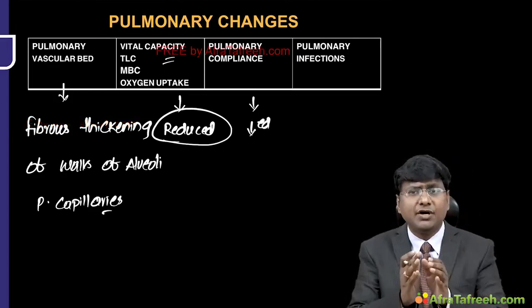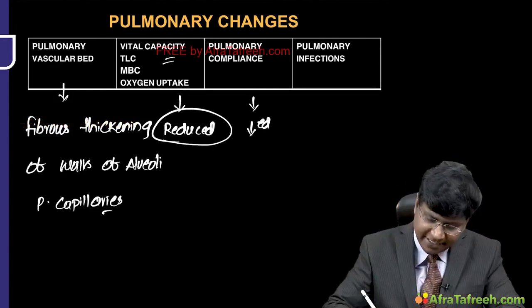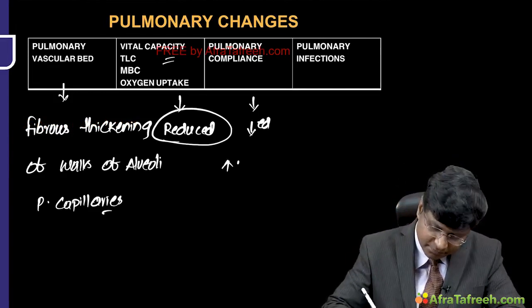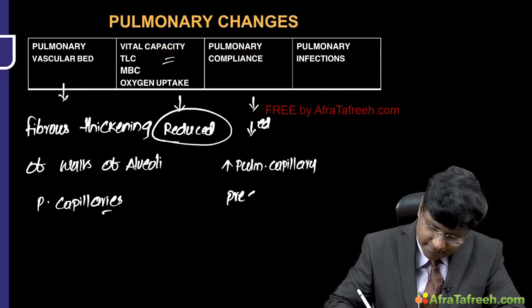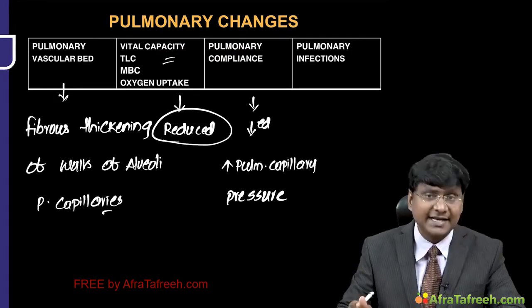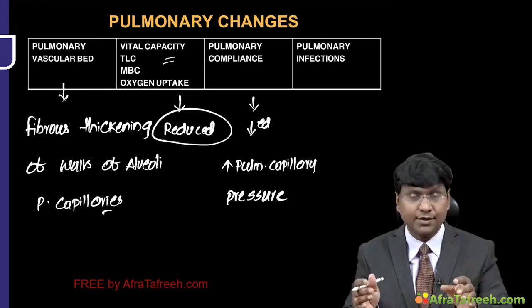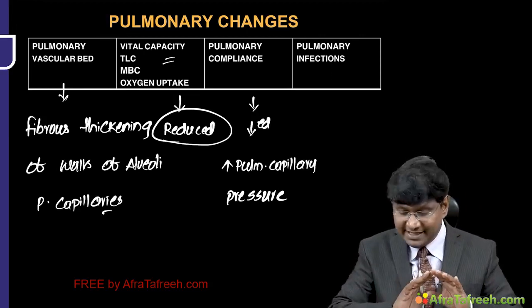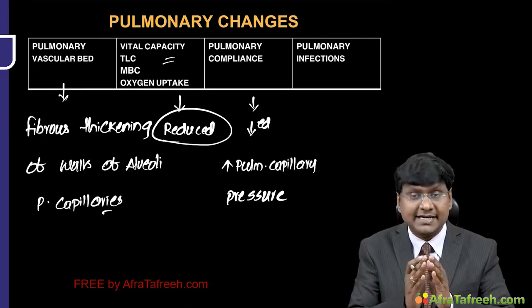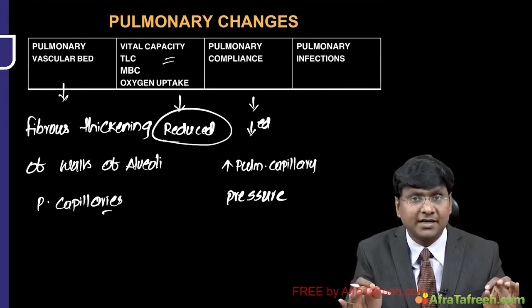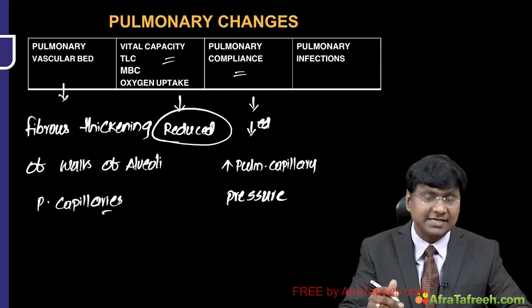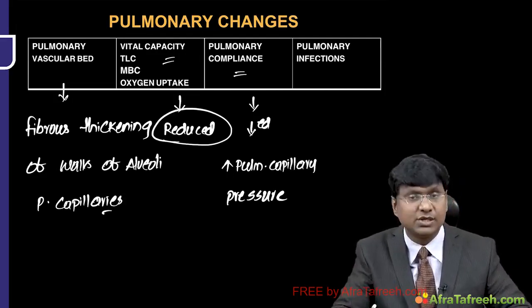Why? Because of the increase in pulmonary capillary pressure during exercise, this increased pulmonary capillary pressure can cause compression on the pulmonary vascular bed or pulmonary structures, and that is the reason why the pulmonary compliance will be reduced.